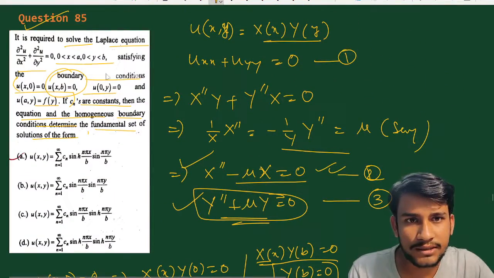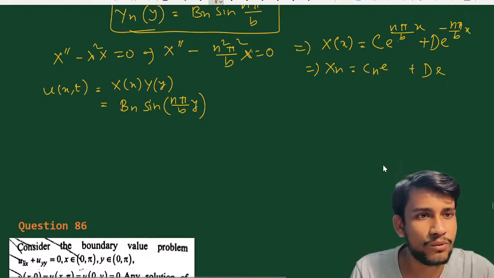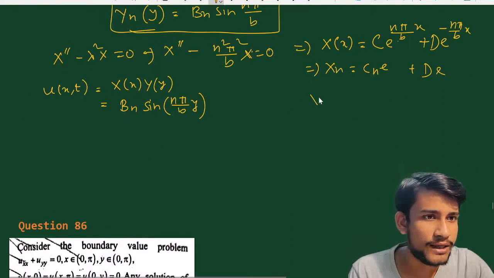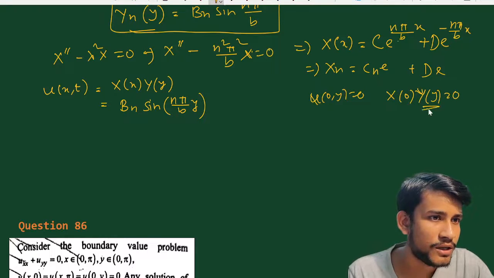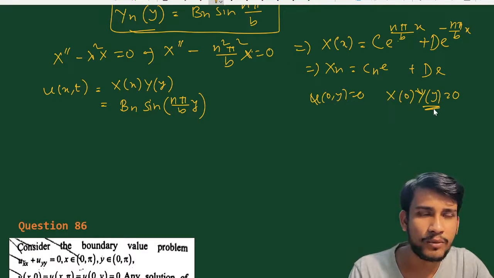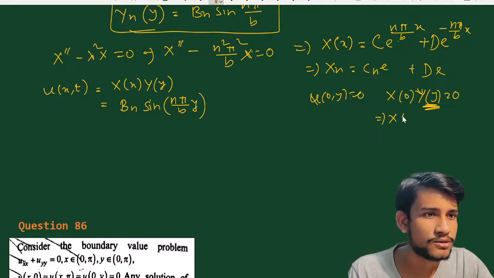I forgot to apply one condition: u(0,y) is equal to 0. So if we apply u(0,y) equal to 0, that means x(0) into y is equal to 0. Here y is not equal to 0, since if we put this term equal to 0, then we also get the trivial solution. So x(0) equal to 0.